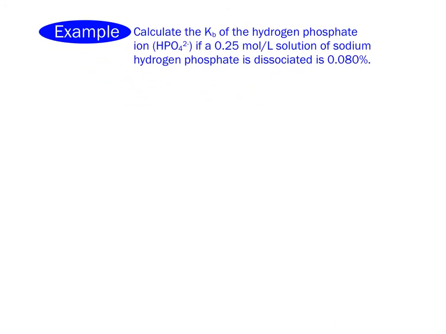Let's try another example. Calculate the Kb of the hydrogen phosphate ion if a 0.25 molar solution of sodium hydrogen phosphate is dissociated to 0.08%. All right, so we're going to take a look at the hydrogen phosphate ion first.